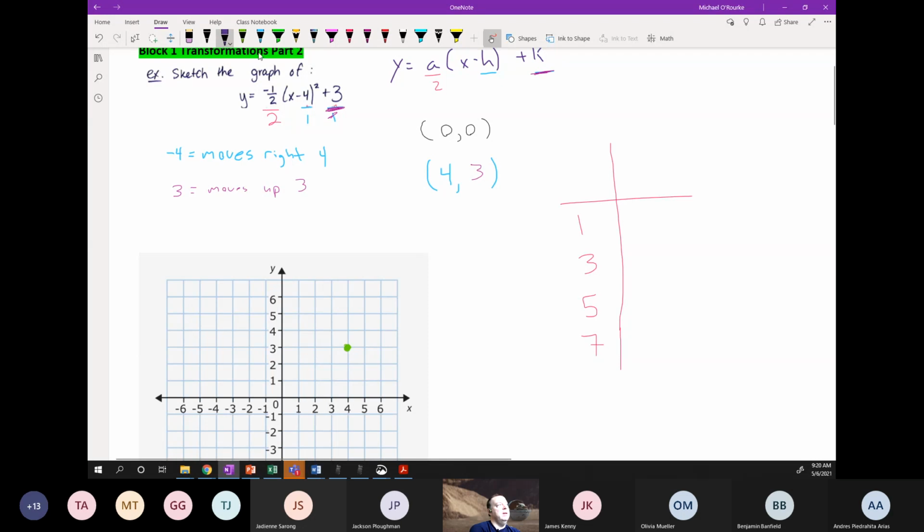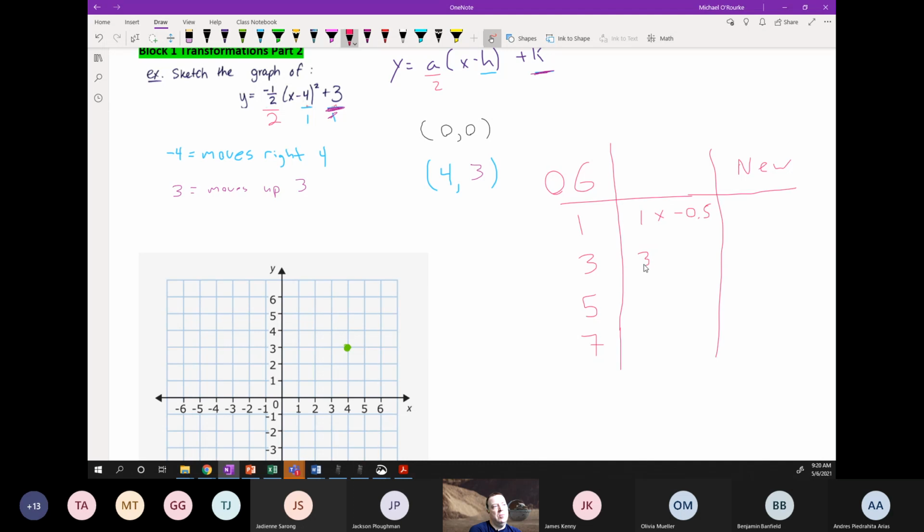My a value is -1/2. So to make my new step pattern, this is my new step pattern. I'm going to multiply each original number times my a value, -0.5.